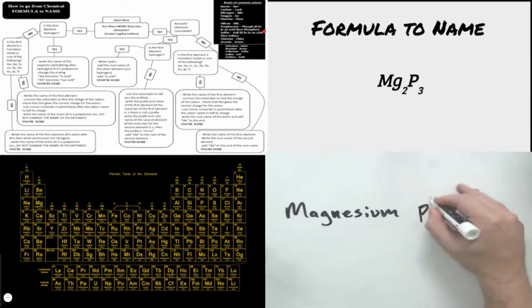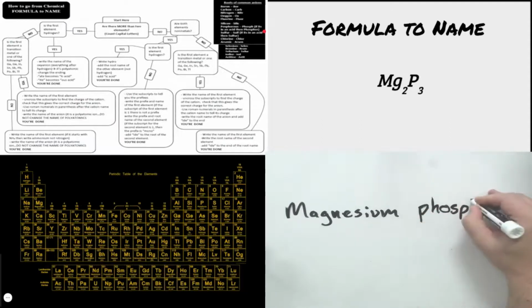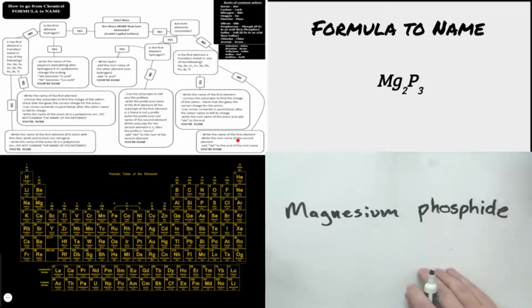I'm going to write phosp. And then I add IDE to the end of the root name. And then I'm done. So magnesium phosphide is our name for Mg2P3. That's not too complicated.